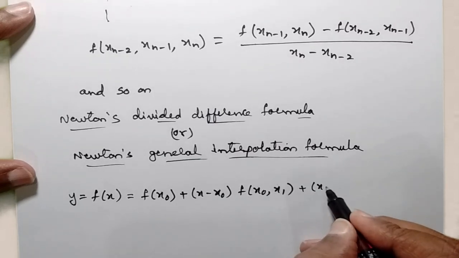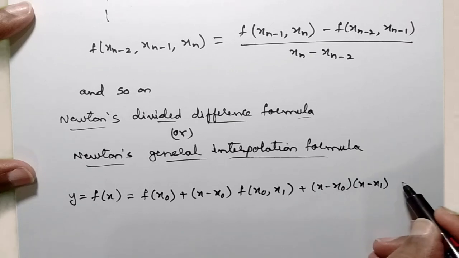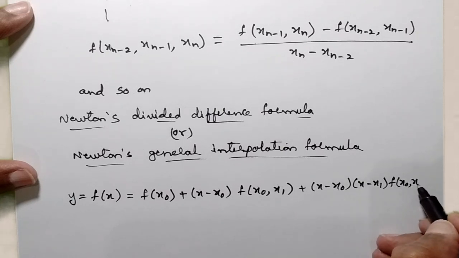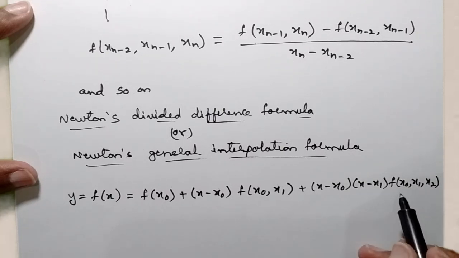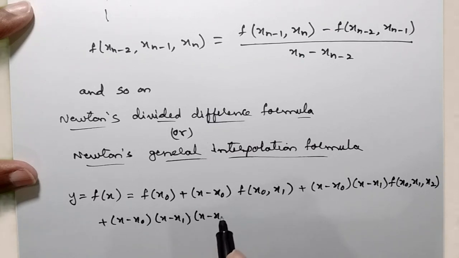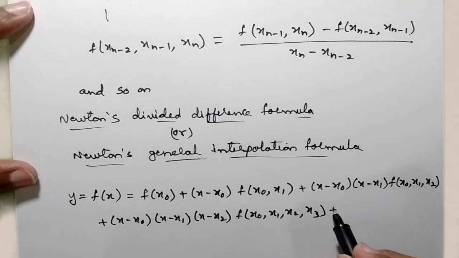Plus x minus x0, x minus x1 into f of x0 comma x1 comma x2. This is the second divided difference. Plus x minus x0, x minus x1, x minus x2 into f of x0, x1, x2, x3, and so on. You can just go on writing till the final value.